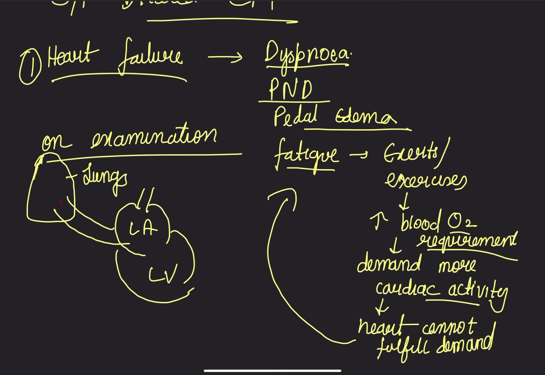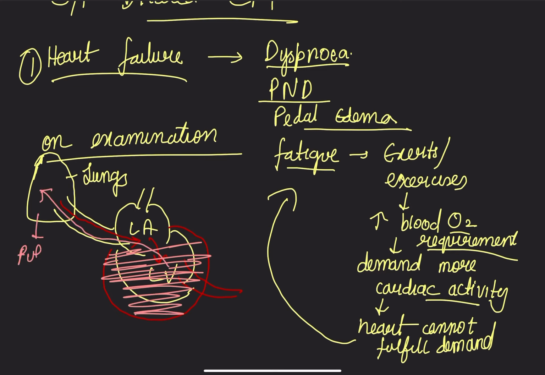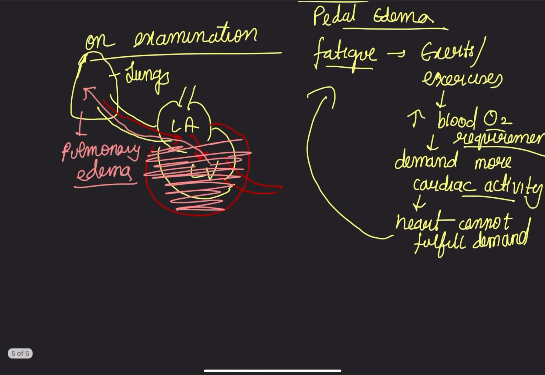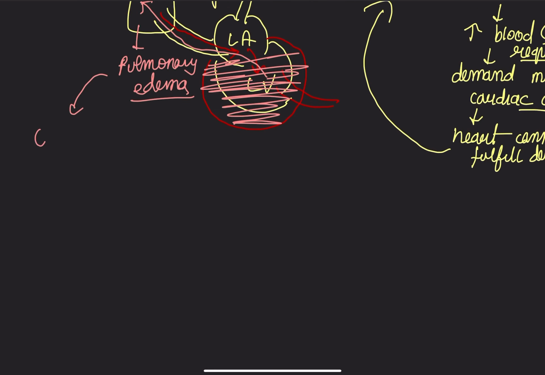So oxygenated blood comes from the lungs, enters the left atrium, then goes to the left ventricle, and from there exits through the aorta. So whenever there is dilatation of the left ventricle, or any heart failure symptoms, there will be pooling of blood in the left ventricle. If there is pooling of blood in the left ventricle, there will be backflow of blood, because of which there will be pulmonary edema in the lungs. And if there is pulmonary edema in the lungs, what are the clinical findings? You will find what? Crepitations on auscultation.